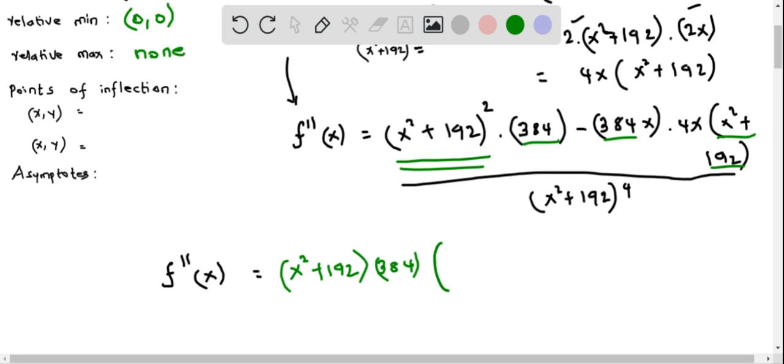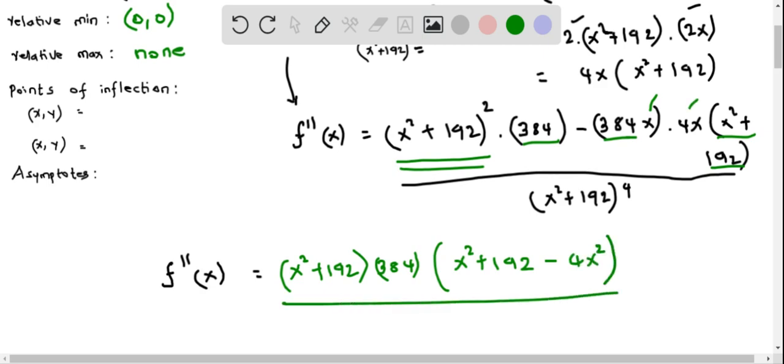And when we do that, here we will be left with only 1 power of x squared plus 192, minus in the second term, if we factor 384, we'll be left with x times 4x, which is 4x squared, and this is over x squared plus 192 raised to the power of 4.